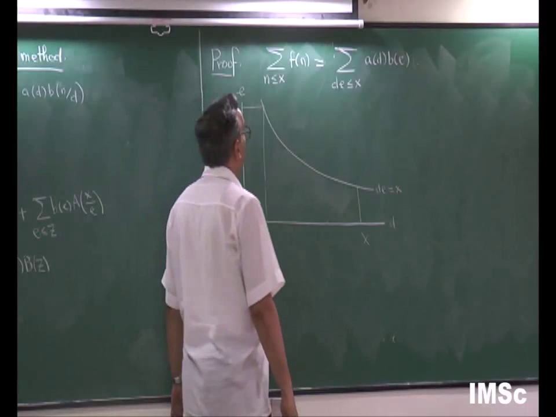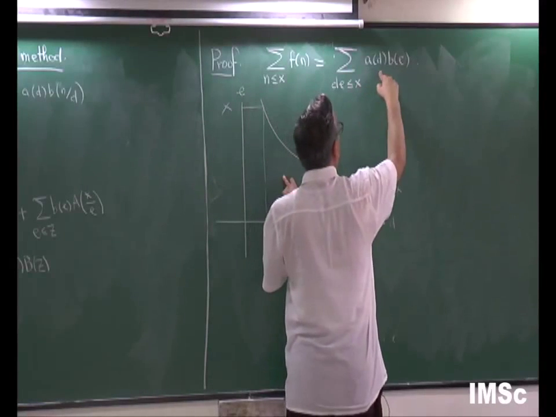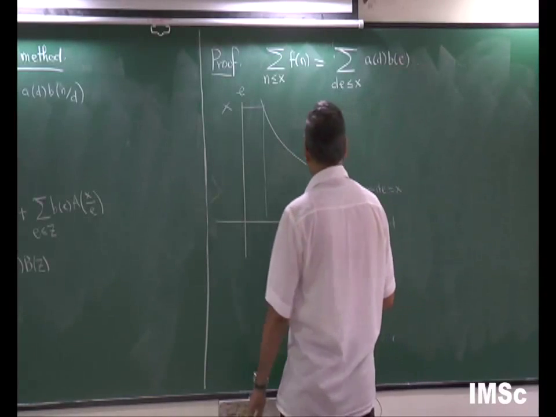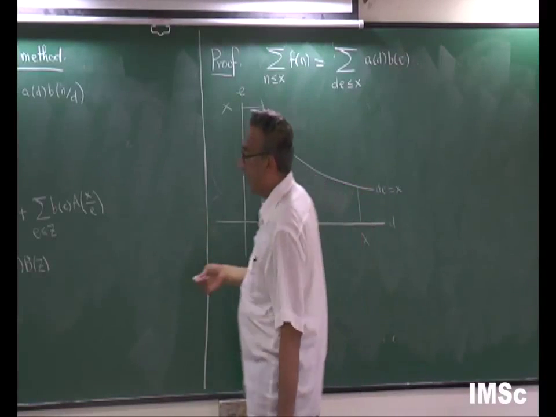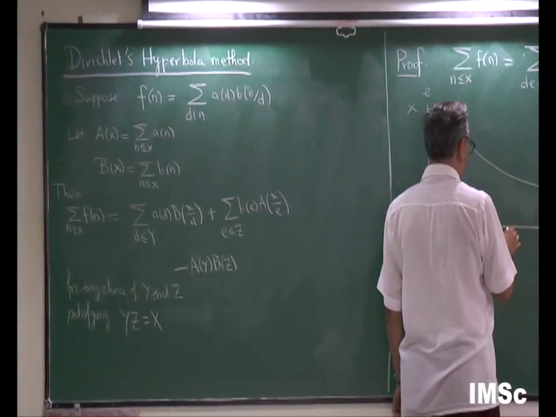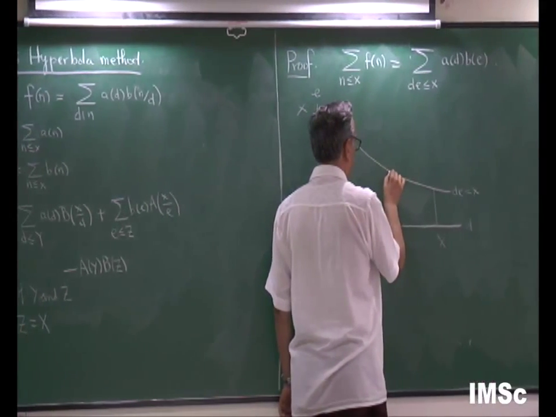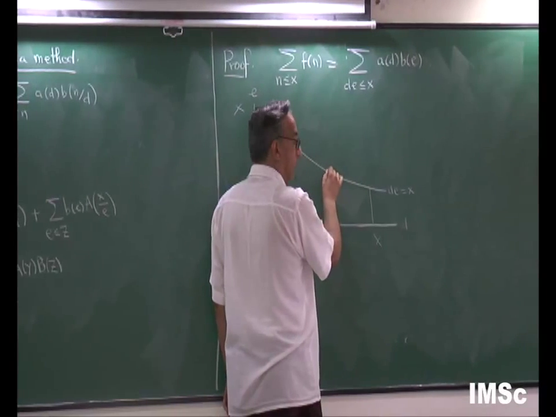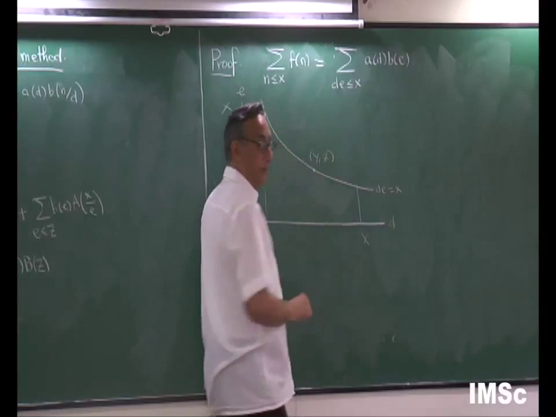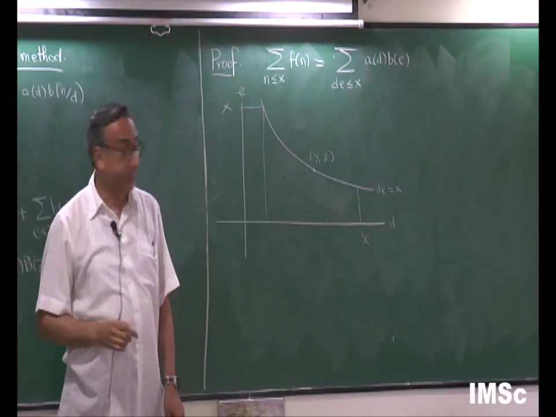So for each lattice point, I calculate this thing, and I add them up for all those lattice points. Well, y times z is equal to x. Therefore, there is a certain particular point y, z on the curve, right? y, z on the curve.